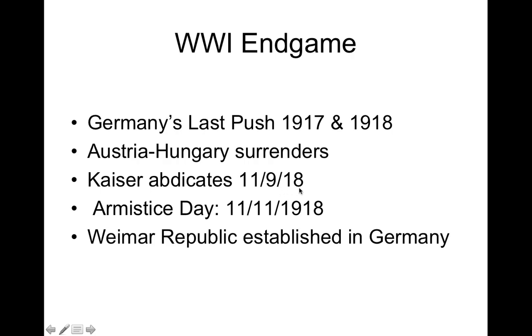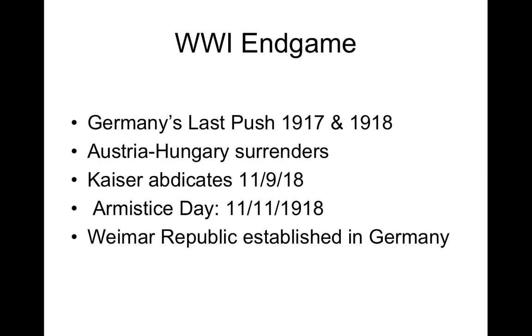There's just no way that Germany can defeat the Allies at this point. The truce to end World War I is signed on November 11th, 1918, with Germany signing a truce with the Allies, surrendering to the Allies.